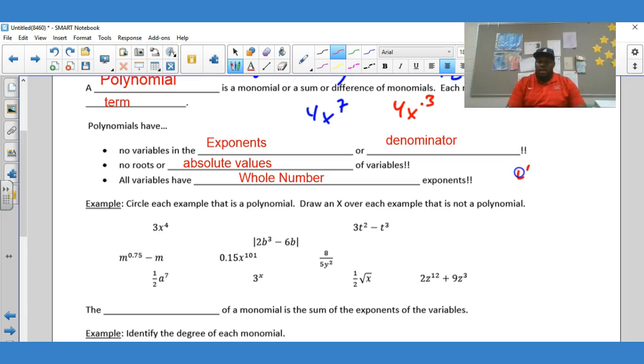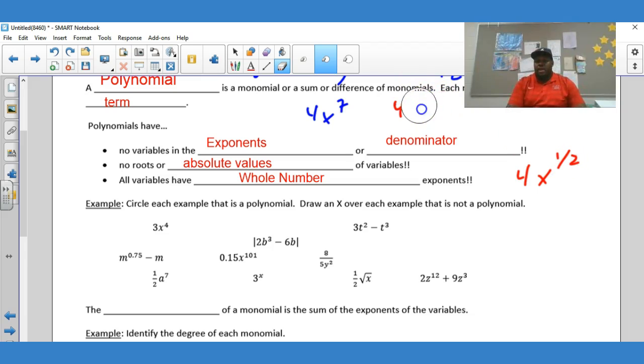Or something like 4x to the 1/2 is not part of a polynomial. Because again, it has to be a whole number. 1/2, that's a fraction, it's not a whole number. 0.3 is a decimal, it's not a whole number. You want whole numbers.